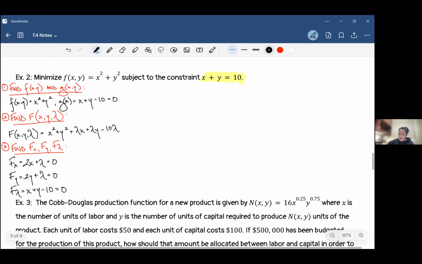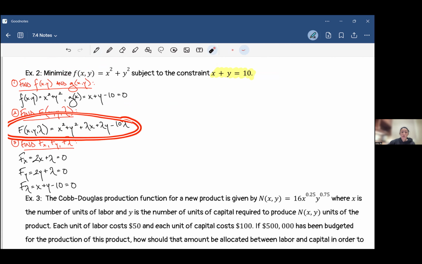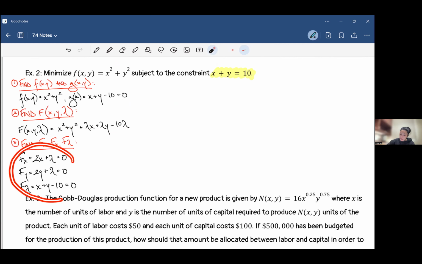So we found our functions, f of x, y and g of x, y. We've created the equation with our Lagrange multipliers, and we found our partials with respect to each letter in our Lagrange multiplier.